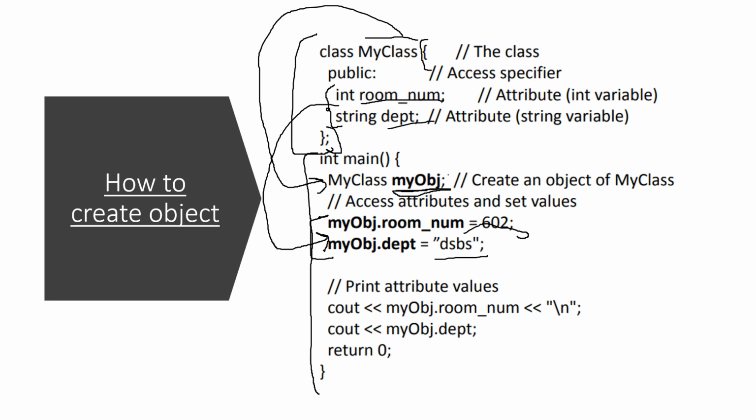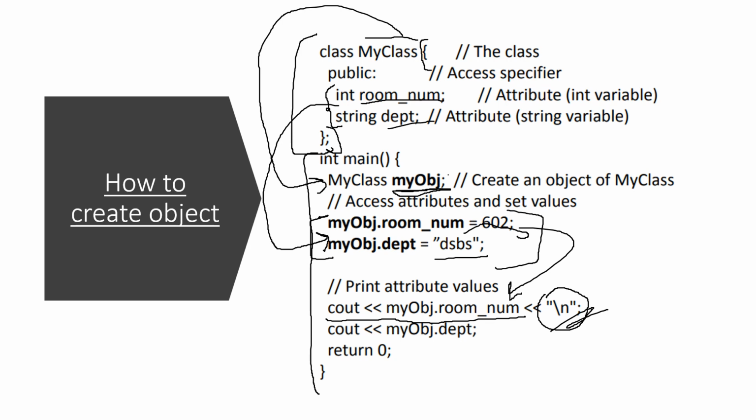Now when I run this code, it will give me these two values. The syntax for printing the value would be cout, then two less than symbols, and then whatever we want to print out, that is my object room number. You should remember from the C video what this slash n is used for: it is used for a new line.